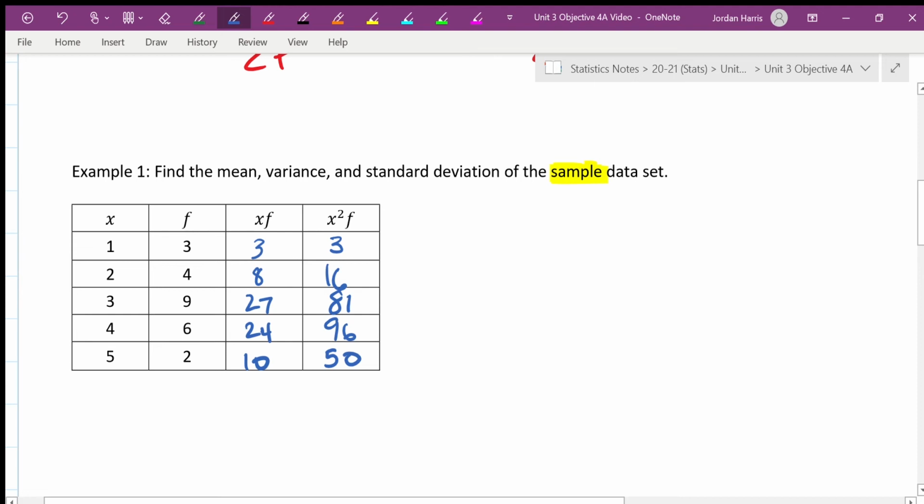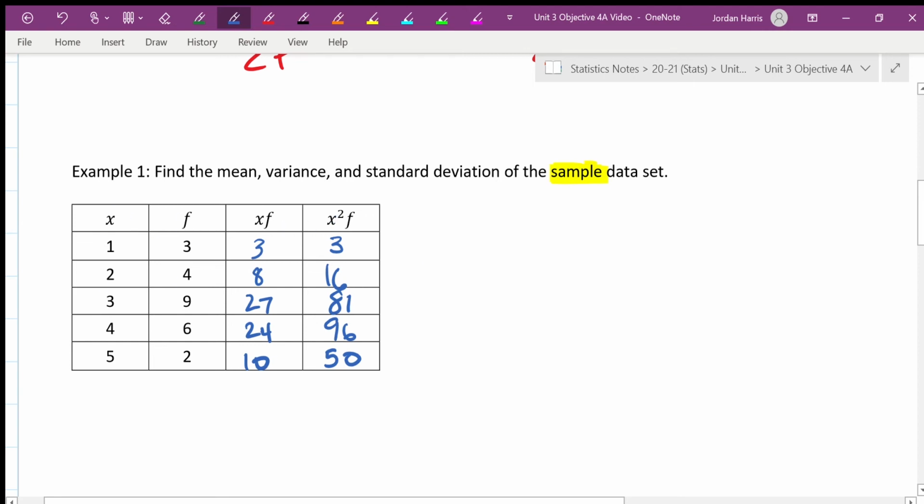Okay, because I have 2 x's, x squared times f. Or you can just use a calculator, do x squared times f, x squared times f, and you get the same value. Okay, so this is a formula you're following basically. Be careful, don't just assume you're squaring this column, because notice they are not squared. It's only the x that is squared, then you multiply by the f.